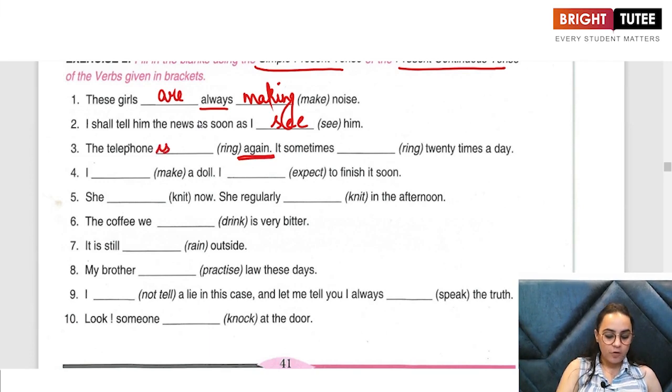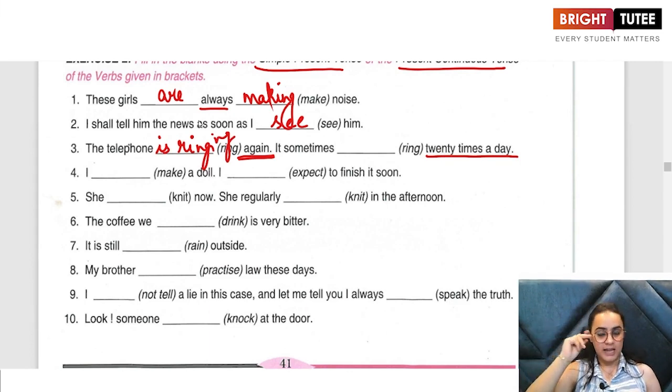So the telephone is ringing again. It dashed 20 times a day. And now this is talking about a custom that takes place. When we talk about a custom, it is the simple present tense. So it sometimes rings 20 times a day.